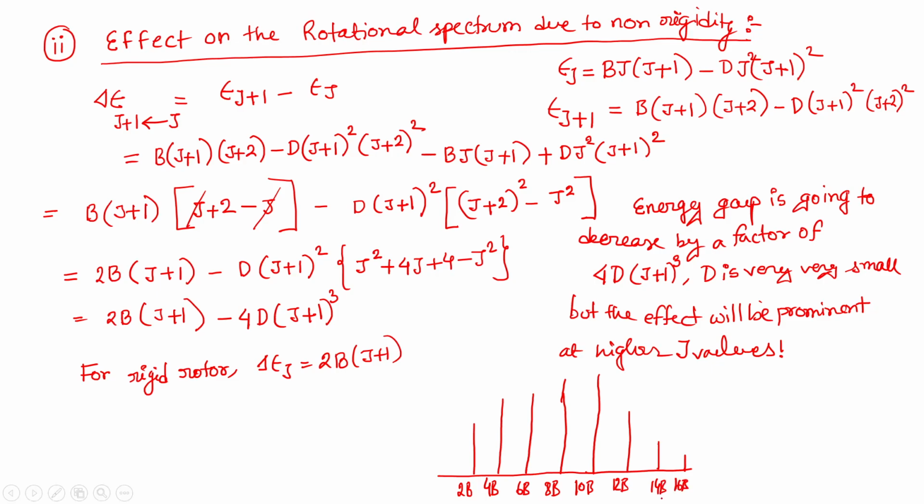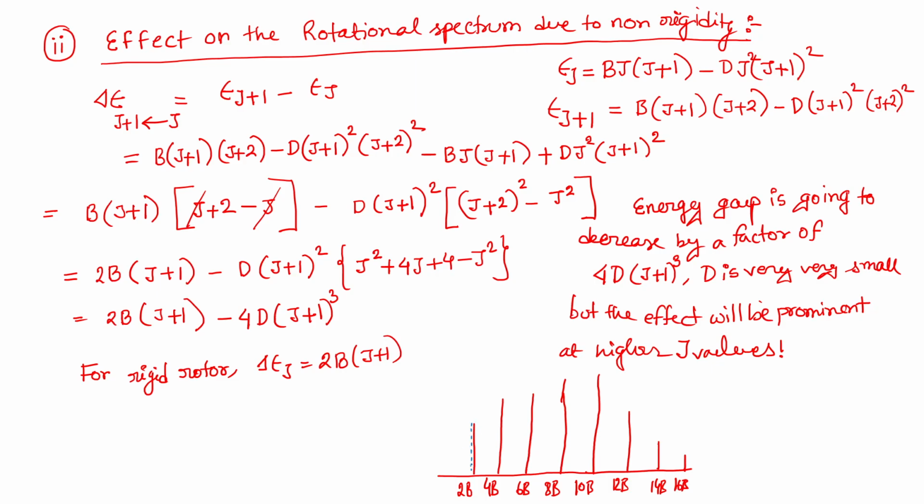Okay. And those were equispaced in case of rigid rotor. Now suppose I am shifting this to this color maybe. What will happen when it is non-rigid? Let me use a dashed line. So there will be very less shift for red shift. So this is an energy scale, right? So in wavelength scale there will be a red shift. Because the energy is decreasing, the wavelength will be increased. So there will be a red shift in the wavelength scale.